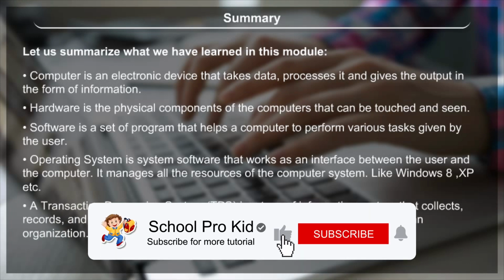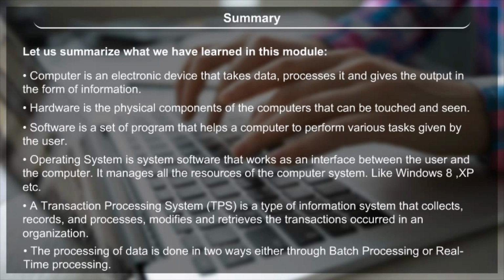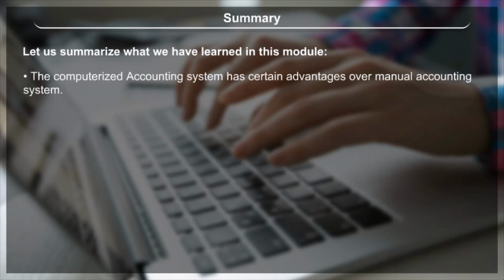A transaction processing system, TPS, is a type of information system that collects, records, processes, modifies, and retrieves the transactions occurring in an organization. The processing of data is done in two ways, either through batch processing or real-time processing. The computerized accounting system has certain advantages over manual accounting system.